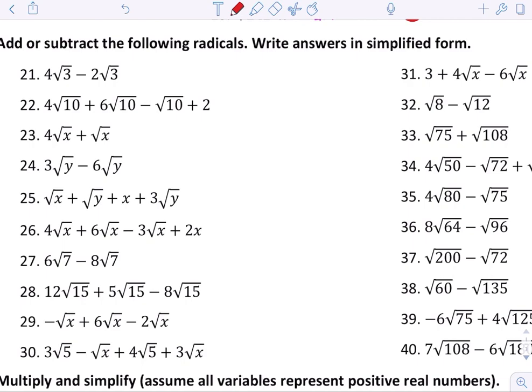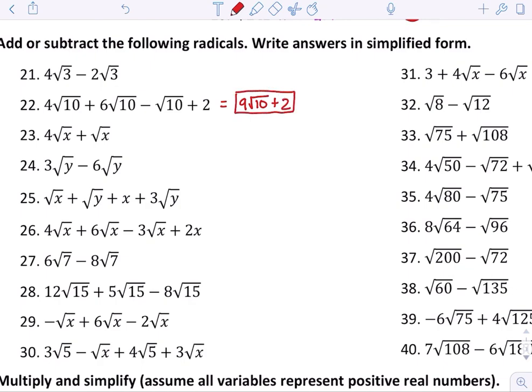They all have the same radical, they all have the same root, and they all have the same radicand. So 4 plus 6 is 10, and then 10 minus 1, there is a 1 right there, is 9. So we're gonna get 9 rad 10 plus 2.